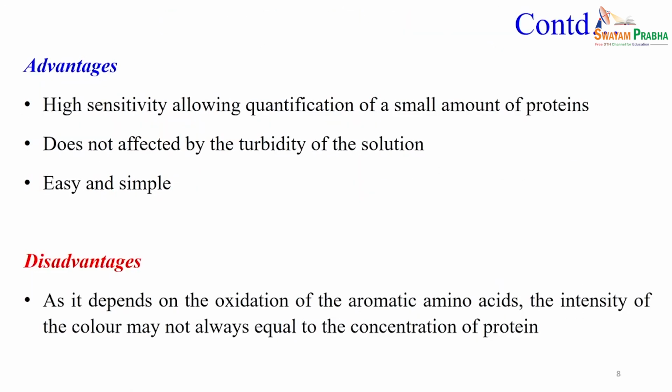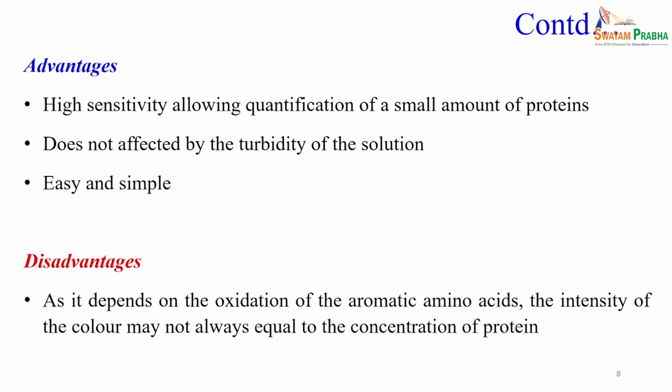The advantage of this method is its high sensitivity, so we can analyze a small amount of protein. Also, the Folin reagent does not affect the turbidity of the solution, and it is a simple method because we are simply using a reagent and measuring the optical density or absorbance.